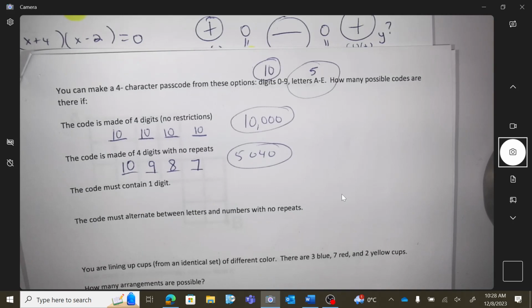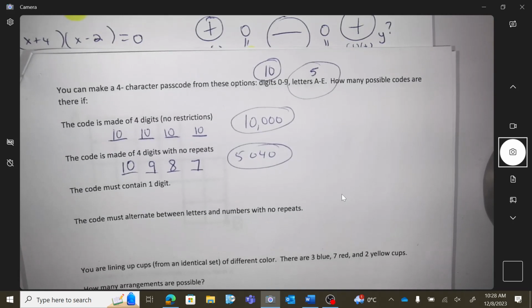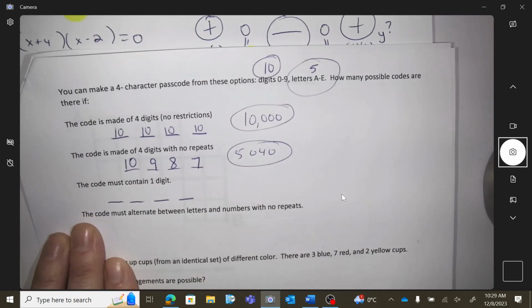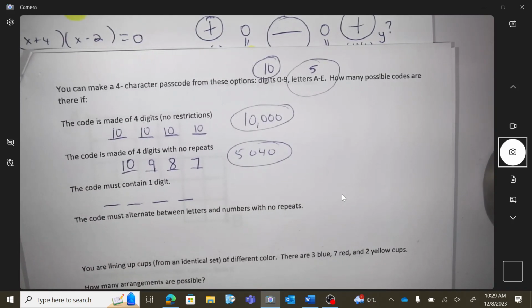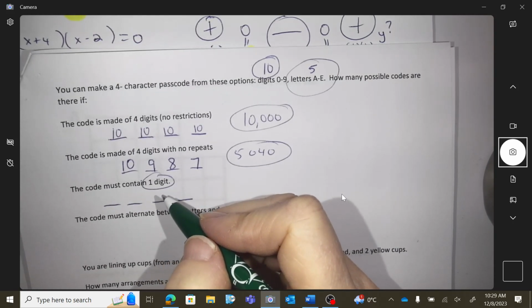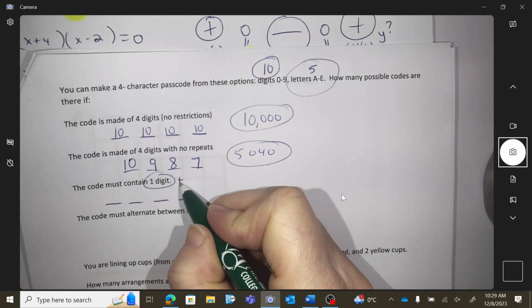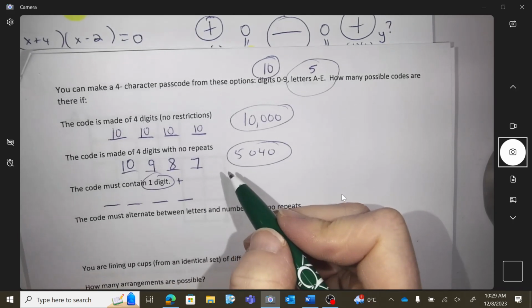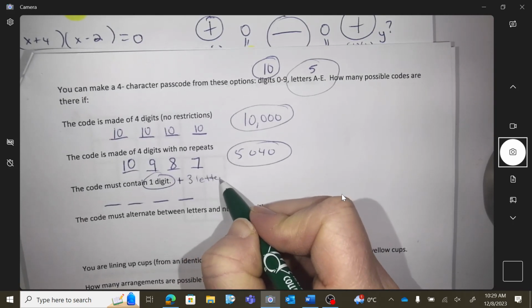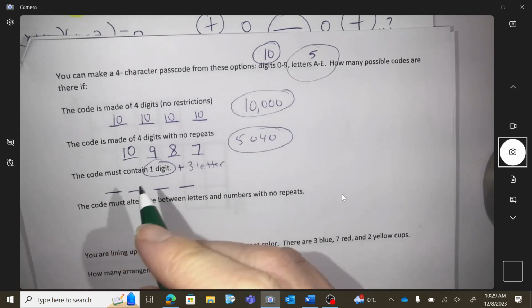Okay, how many codes if you must contain 1 digit in there? Okay, so if there's 1 digit in this, what else would you have? If you were to have 1 digit, then you also must have what else going on? 3 letters, right?